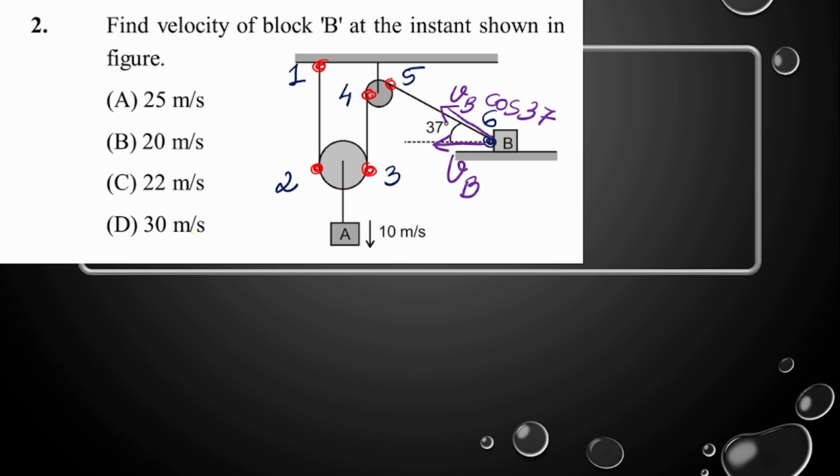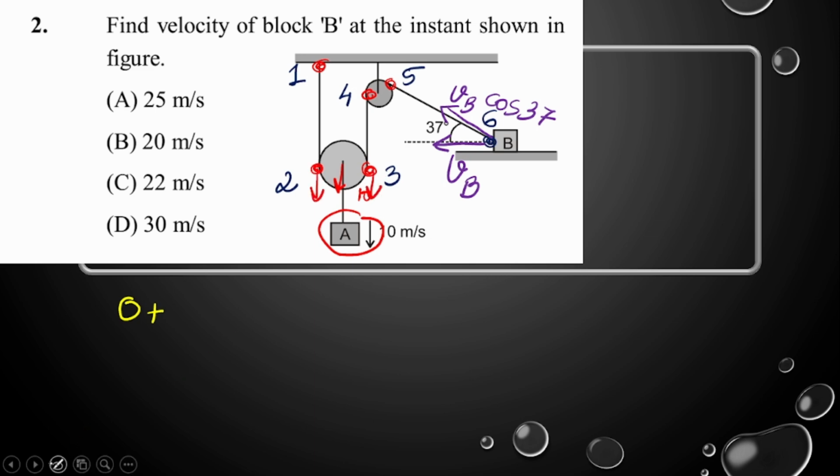Okay, so point 1 velocity is 0. Point 2 is moving downward. See, block A is moving downward, so the velocity of the pulley is also downward. So this point is also moving downward, and this point is also moving downward.